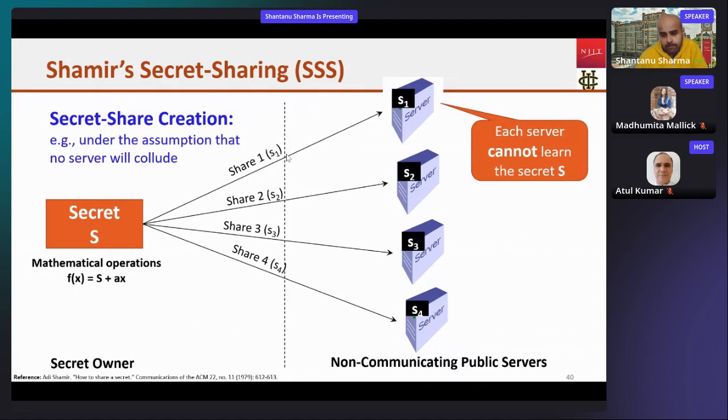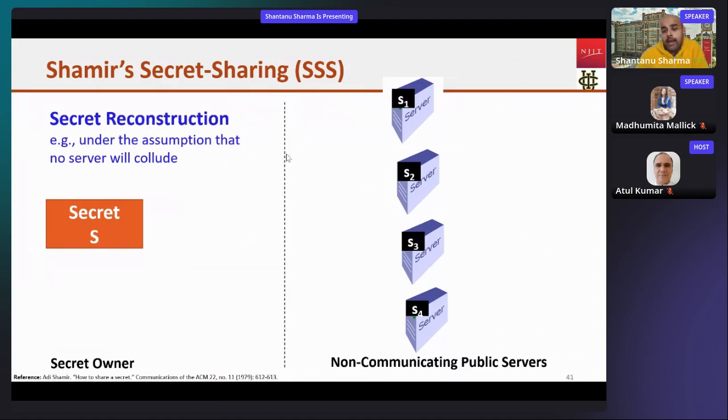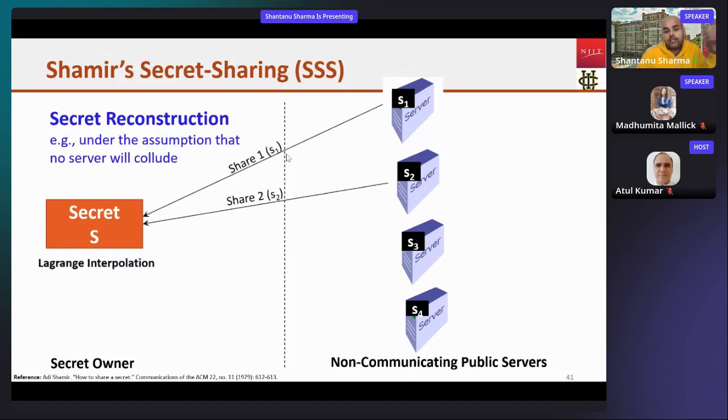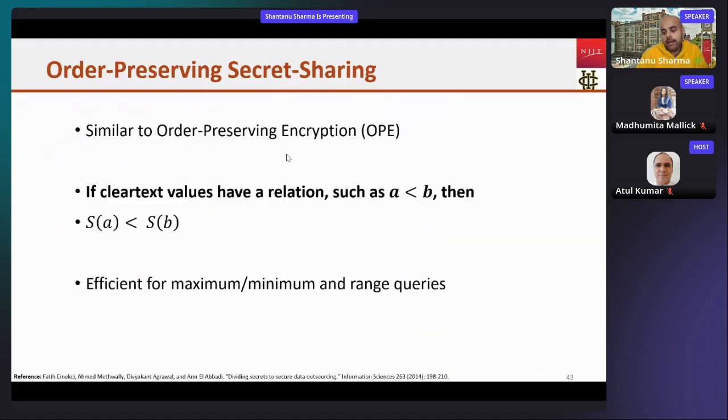Whenever the secret owner wants to reconstruct the secret s, it can download the values from any two servers. In this slide you can see she can download from s1 and s2. In the next slide, she can download from s2 and s4, or any other server combination will work for reconstructing the same.